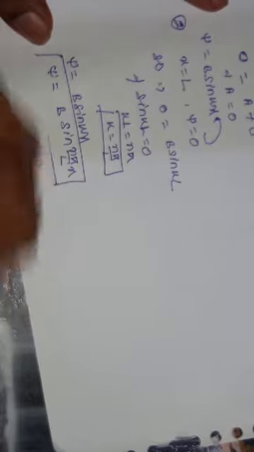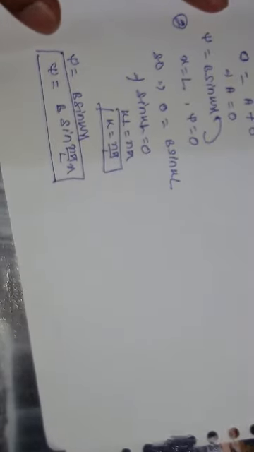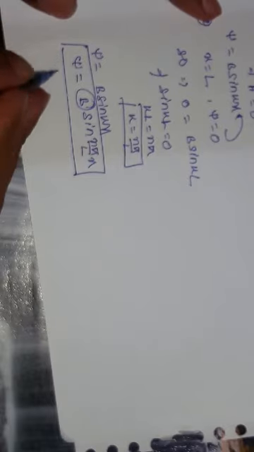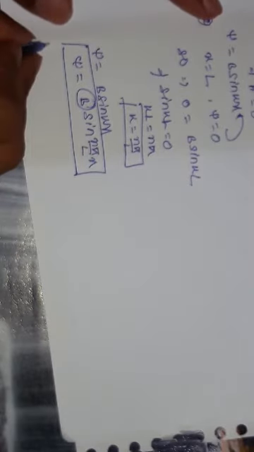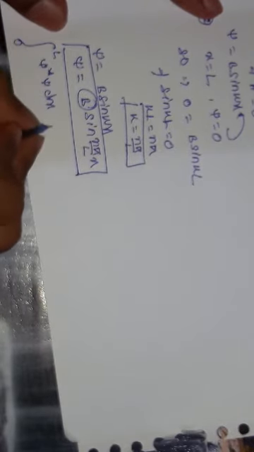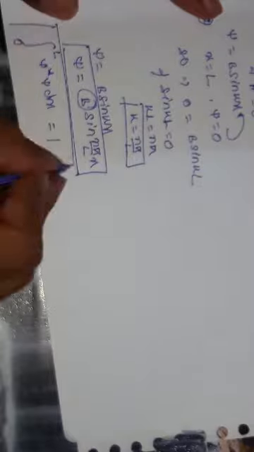This is the wave function of the free particle inside a box, and we can calculate the value of B by using the normalization condition. The wave function is normalized, so we apply the normalization condition: the integral from 0 to L of psi star psi dx is equal to 1.